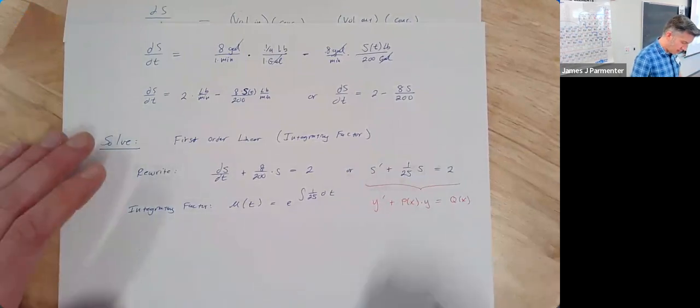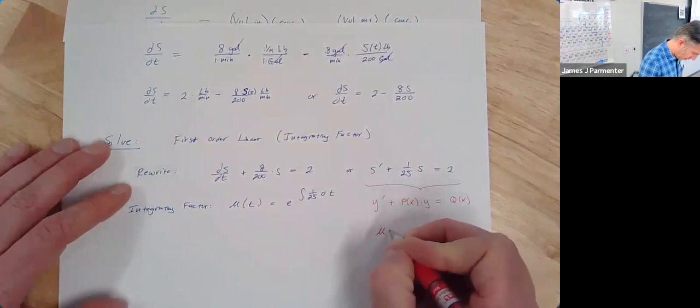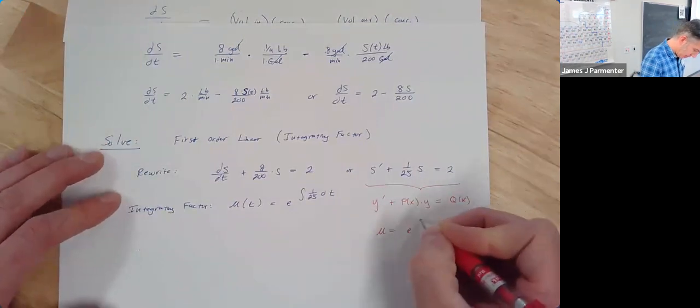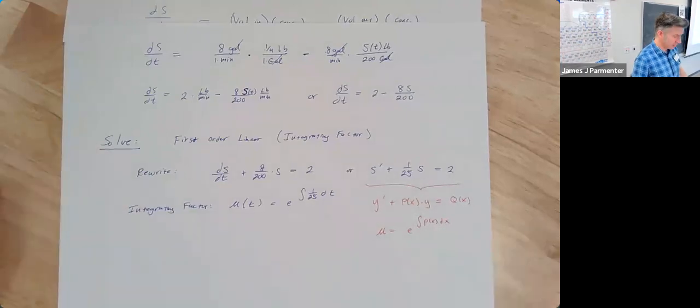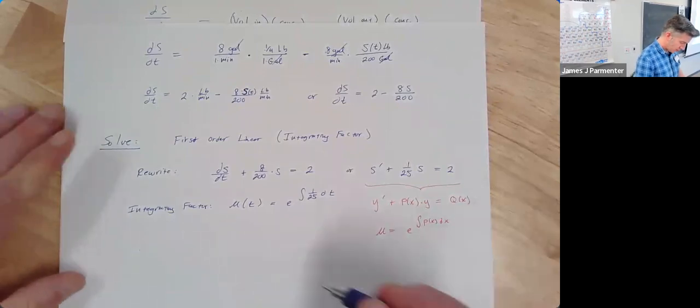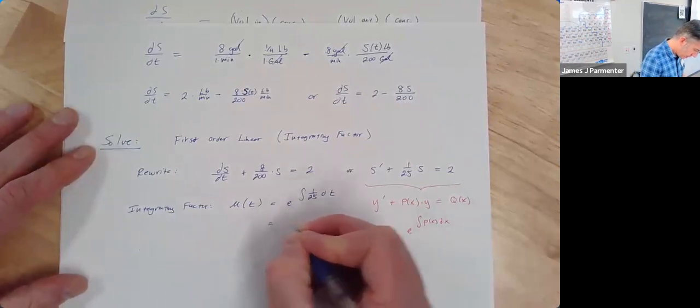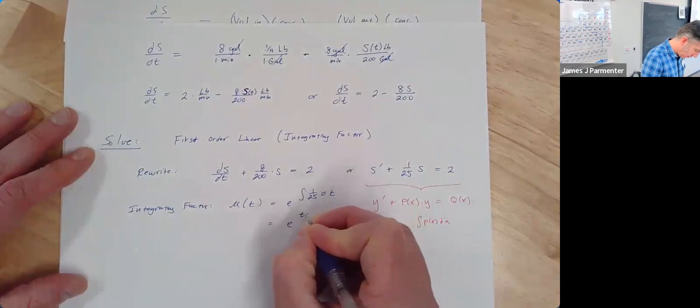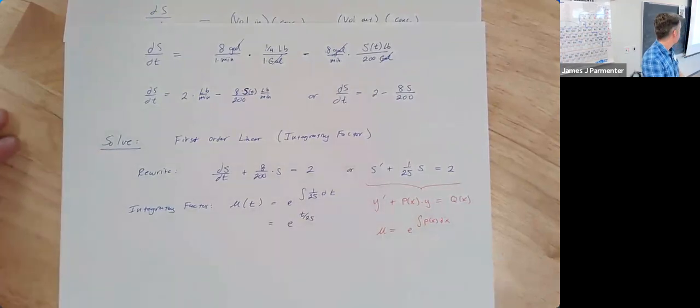You find your integrating factor by doing e to the integral of p of x. That's what we're doing here. We're doing e to the integral of the coefficient of s, which ends up being e to the t over 25. If you integrate a constant, you just get that constant times your variable.